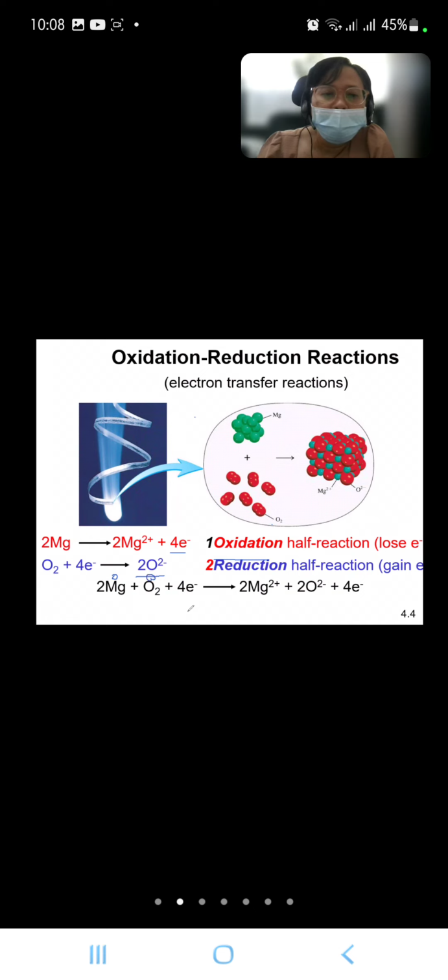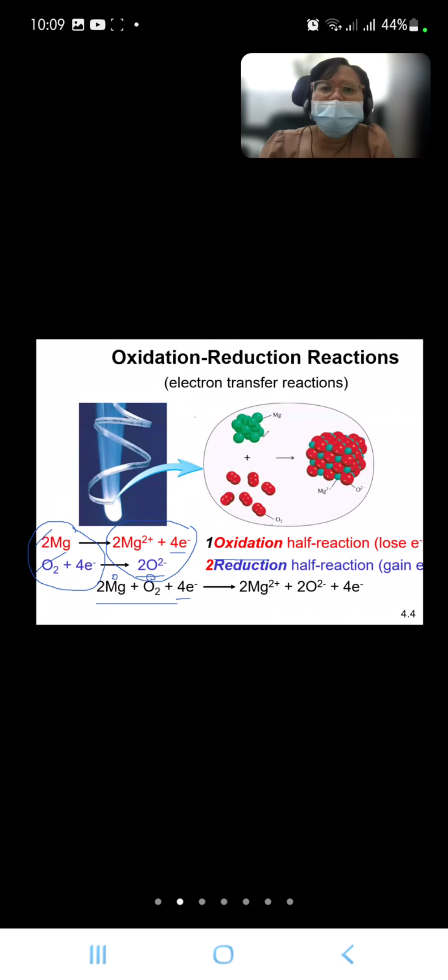Oxygen receives 2 electrons per atom. Since there are 2 atoms, it receives 4 electrons in total. Now we combine the oxidation reaction and the reduction reaction: all reactants are combined and all products are combined here. So on the product side, we have 2 Mg plus 2, plus 2 O negative 2, plus 4 electrons.